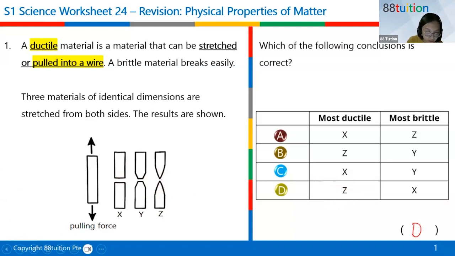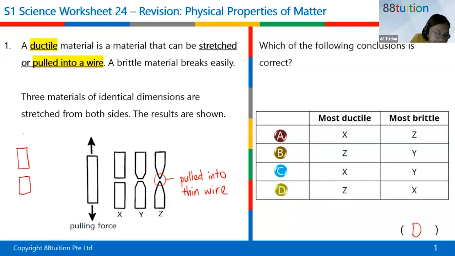You have to know that this part you can see that it is put into thin wire already. Let's say you have something and then you start to pull upwards and pull downwards. Then it becomes a long, actually I should be drawing one continuous material like that.